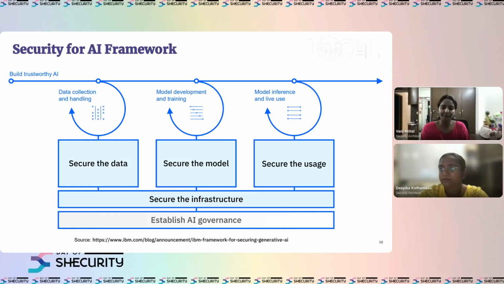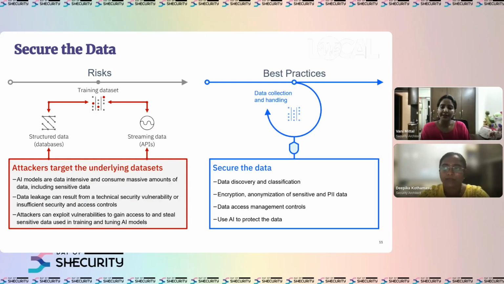Moving on, let's dive into some of the attack vectors and threats across these three stages that we talked about. So the first stage is data collection and handling. A company's data is its crown jewels, the asset that it derives the most value from. For the same reason, it is also a gold mine for attackers.